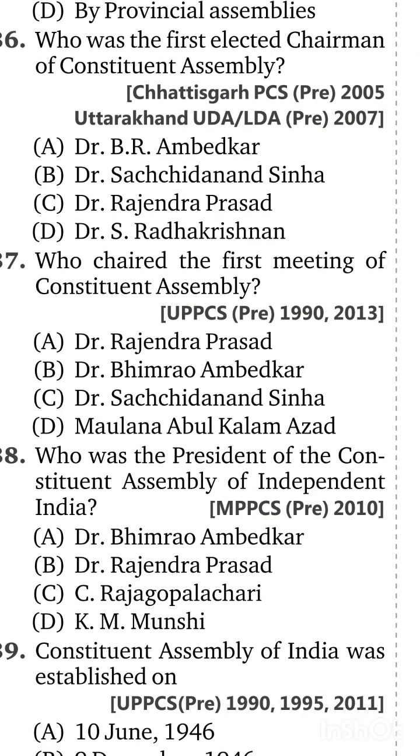Question number 37. Who chaired the first meeting of the Constituent Assembly? Sachchidananda Sinha. First elected chairman means Rajendra Prasad.